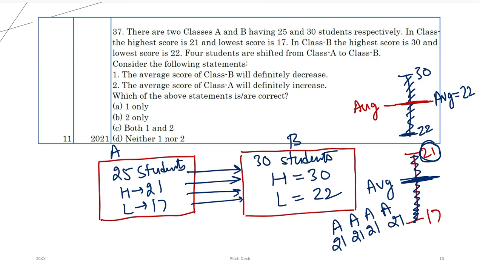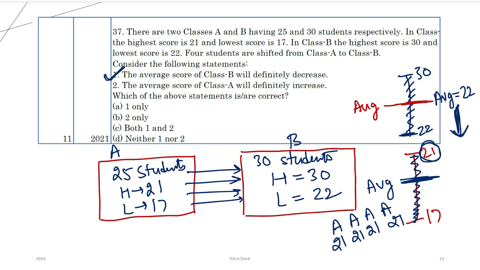Even if four students with 21, the highest score of class A, go to class B, surely this average is going to come down, because all the students in class B have at least 22 marks. Four people with 21 marks are entering now. This is surely going to bring down the average of class B. So the first statement is surely correct.